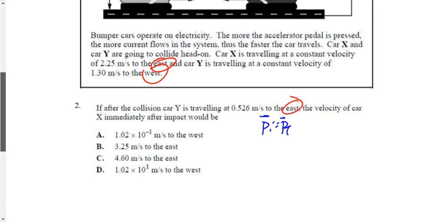How many objects before the collision takes place? 2. M1 V1I plus M2 V2I. 2 objects, we're going to have 2 terms. Equals, how many objects after the collision takes place? 2. Now, when 2 things stick together, people might think of it as 2 objects, but understand that it's not 2 objects any more than we would consider you and your shoe to be 2 objects.